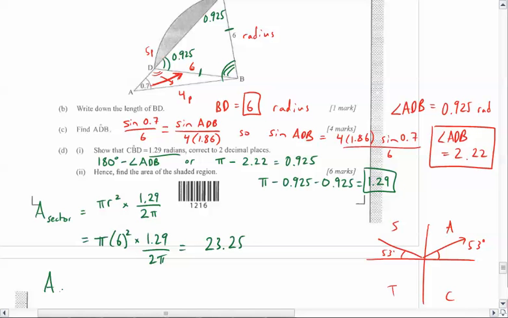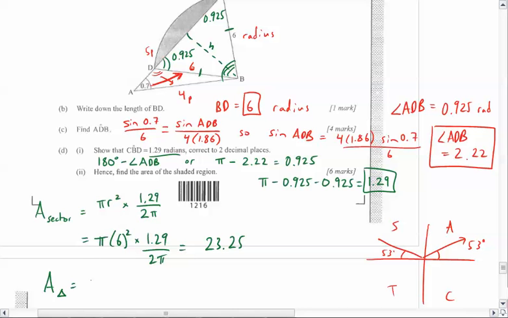Then the area of the triangle. It's not a right angle triangle, so there's not really an easy way to do this. To find the height, I know there's an easy formula for it. Let's see.